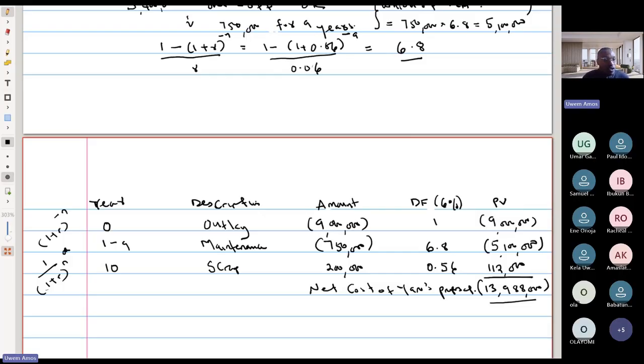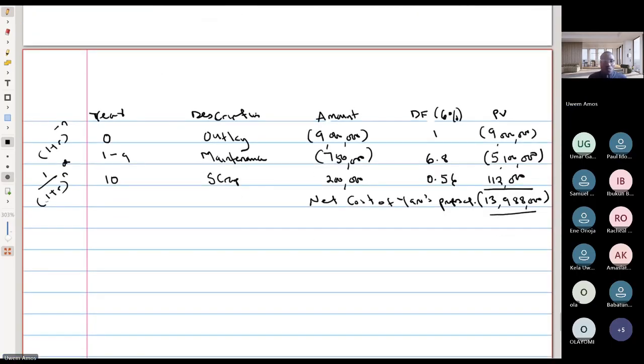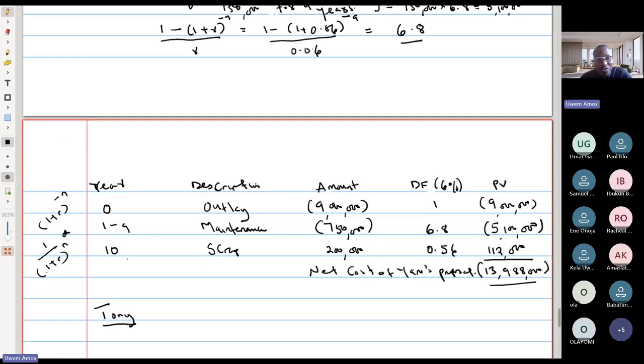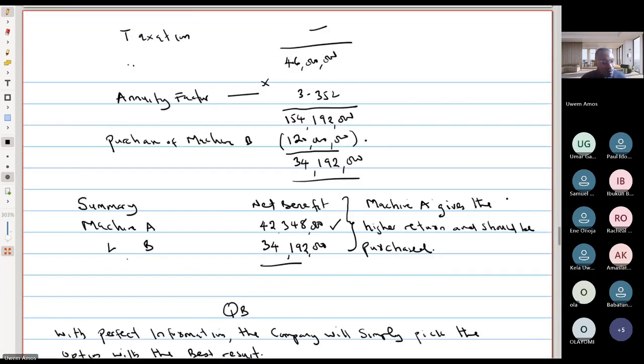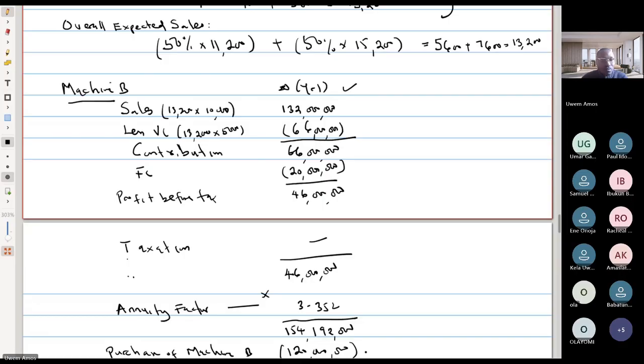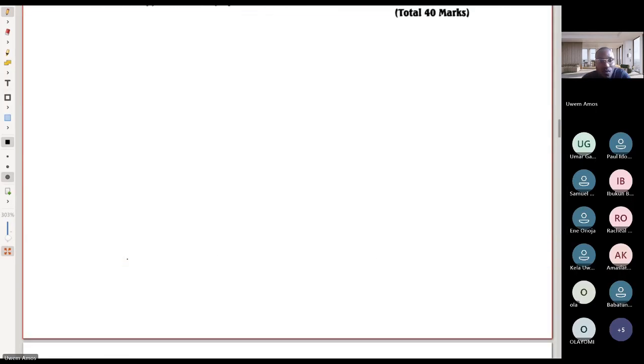Okay. So let's quickly take a look at the second guy, which is Tony. Okay, so what is Tony proposing? Let's look at what Tony is proposing.